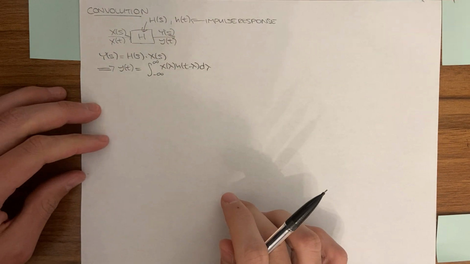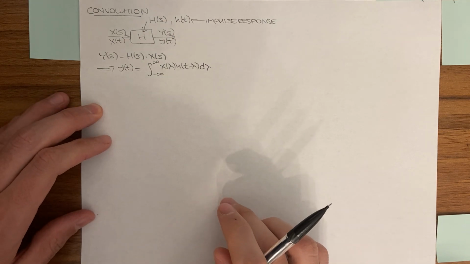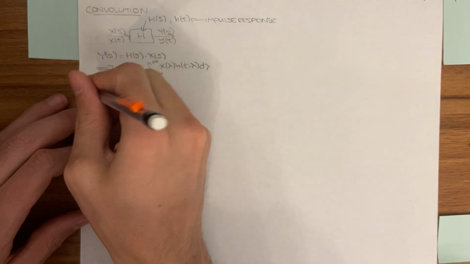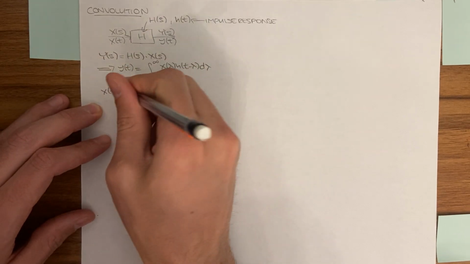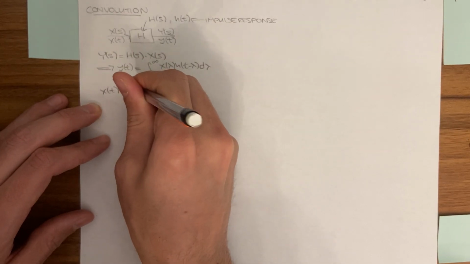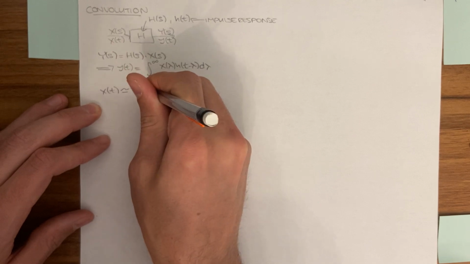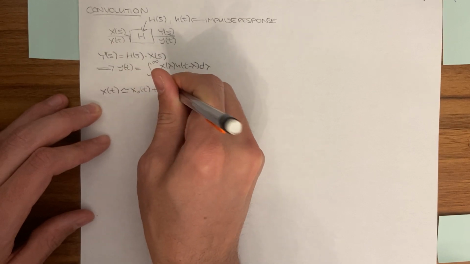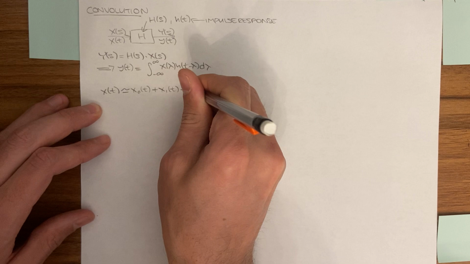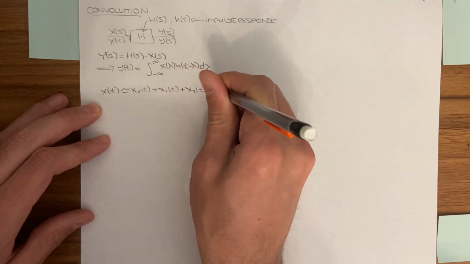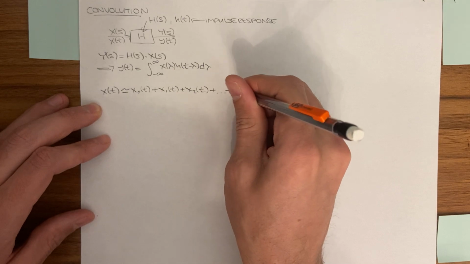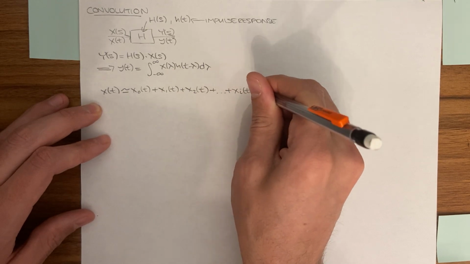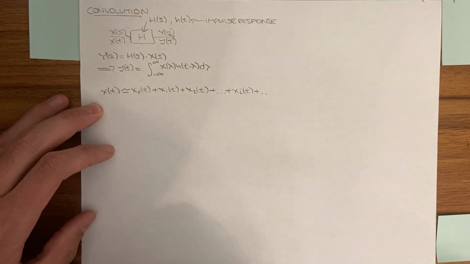Suppose we were to approximate a signal, we'll call this x(t). We're going to approximate x(t) with a bunch of small rectangular pulses: x0(t) plus x1(t) plus x2(t) plus dot dot dot, all the way pretty much forever. Each one is going to be xi(t).